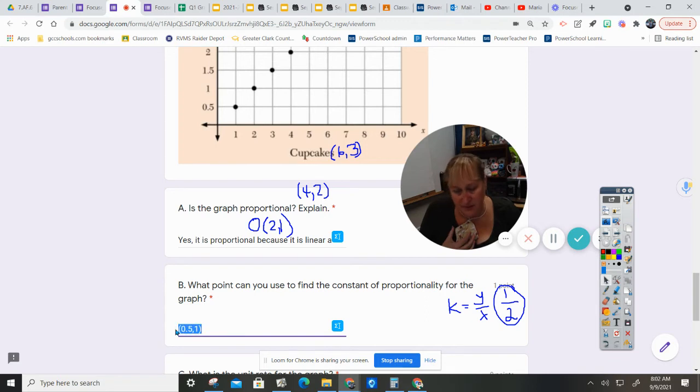I'm still typing it backwards. My X is 1. My Y is 0.5. Because I looked for the 1, which is the unit rate, and since this is proportional, that works. Any of those points will work, but the computer is going to want this one. Just letting you know that if it says you're wrong, you're not necessarily wrong, you just chose a different point.